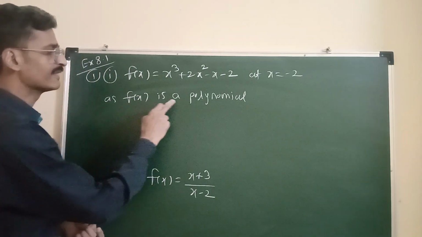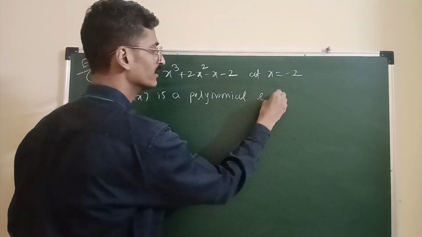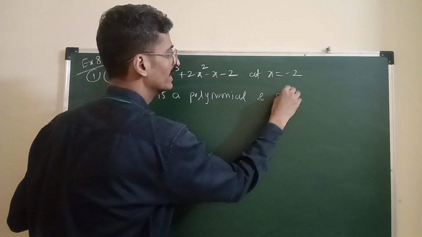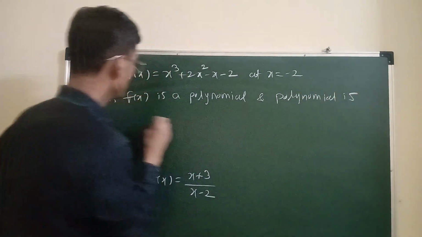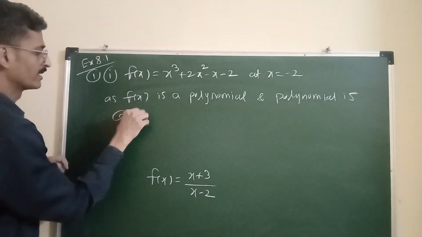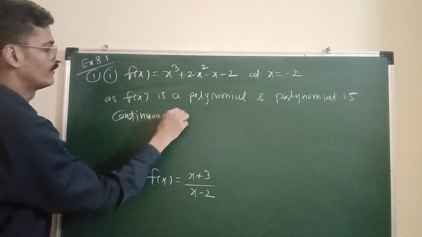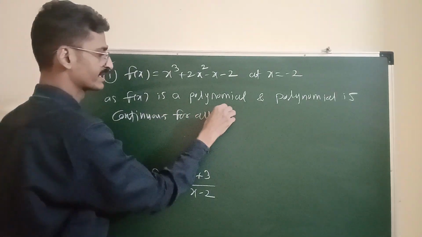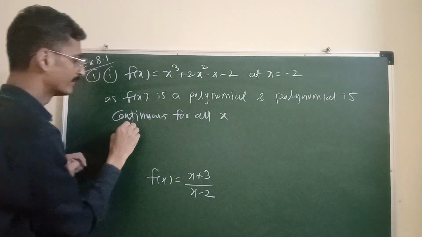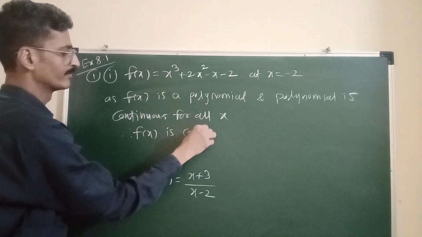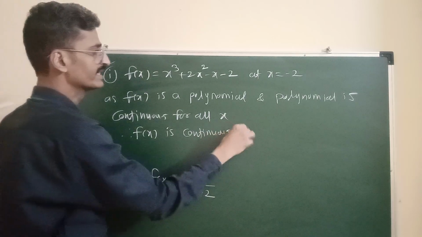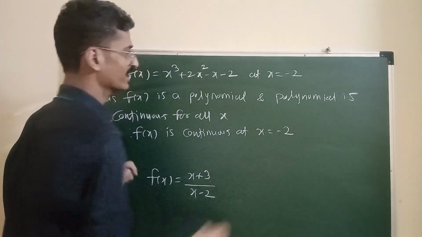So right here, as f(x) is a polynomial and a polynomial is continuous for all x, therefore f(x) is continuous at x is equal to -2.